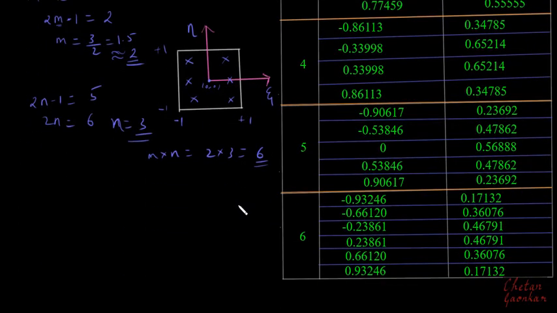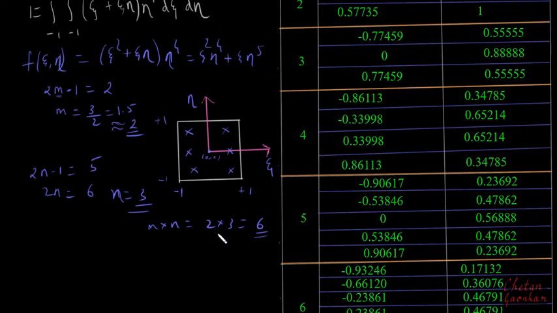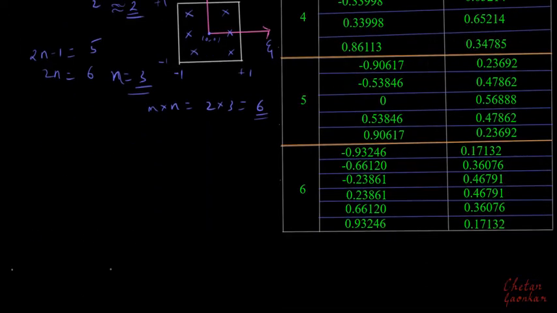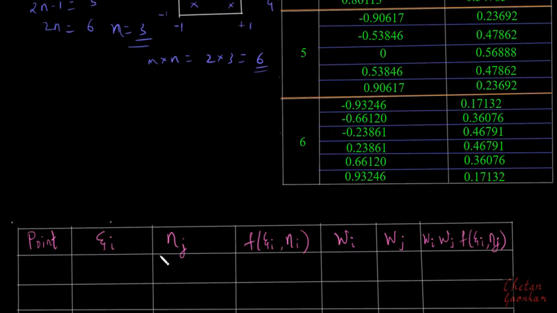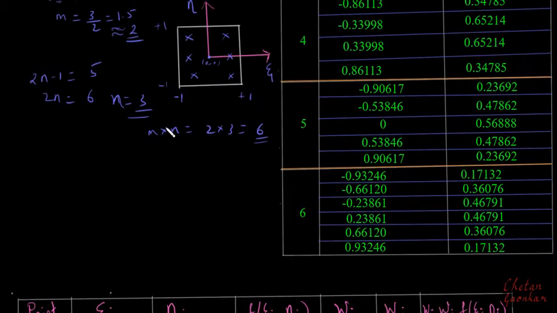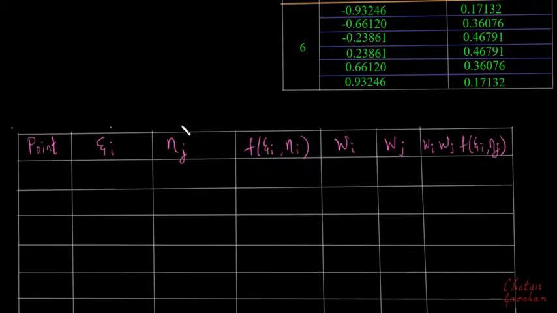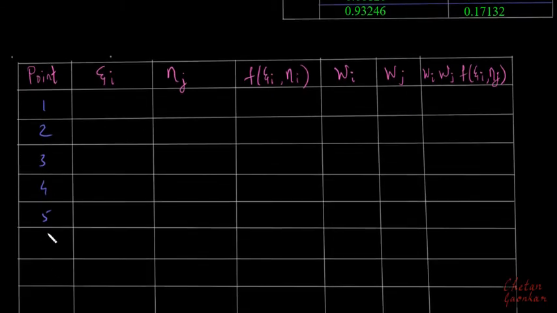And this can be very easily done if I put everything in tabular form. So basically I have a total of 6 points here, 2 cross 3, that is 1 2 3 4 5 6. So I'll have to write here the points as 1 2 3 4 5 and 6.